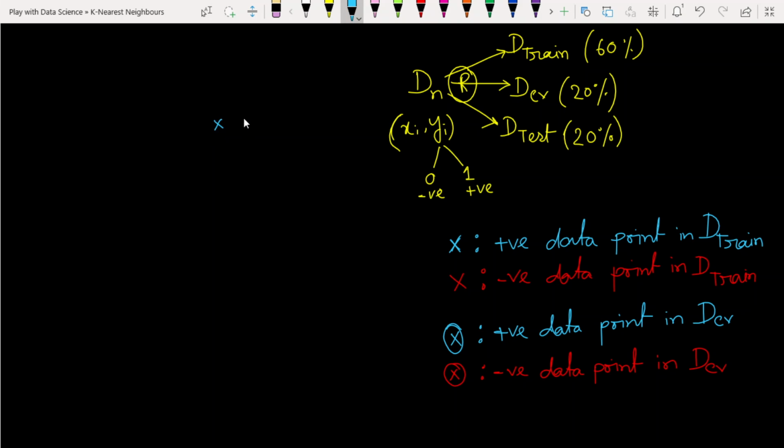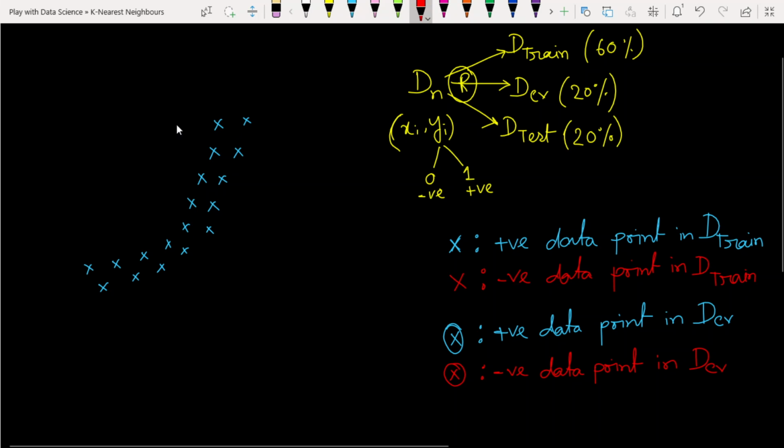Suppose our positive data points from D train look like that, and similarly our negative data points from D train look like this. These are the simple negative data points from our D train.